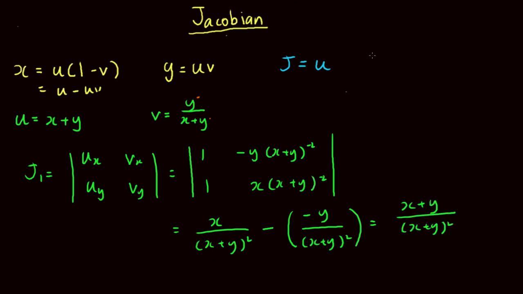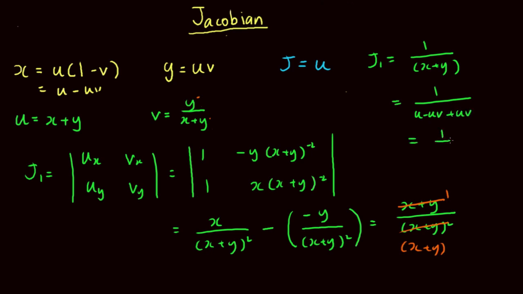You can actually simplify this even further. It's just going to be 1 over x plus y, and x is just u minus uv plus uv, which is just 1 over u.